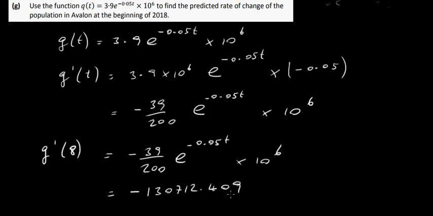So this is the predicted rate of change of the population in Avalon at the beginning of 2018. You can see that the population is decreasing by this amount per year at the beginning of 2018. So the population in Avalon is actually decreasing. Okay, so that's it for question 7.